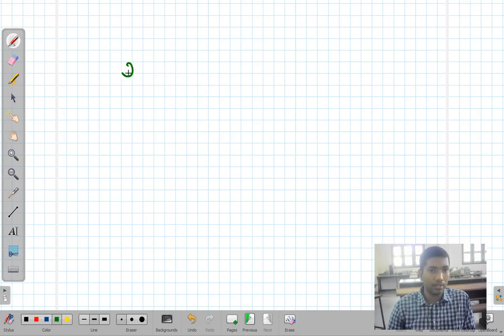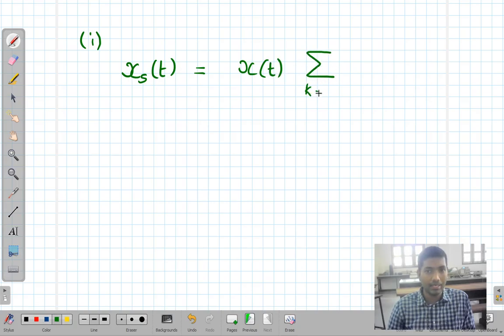The first thing is that the sampled signal x s of t is written as x of t multiplied by the impulse train, summation k is equal to minus infinity to infinity del of t minus k capital T, where capital T is the sampling period.